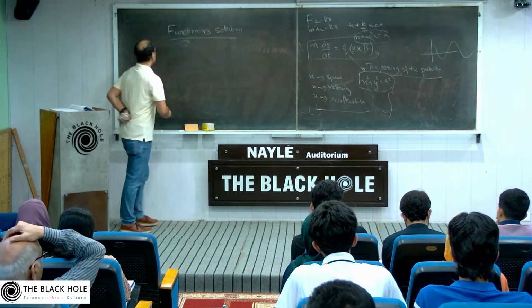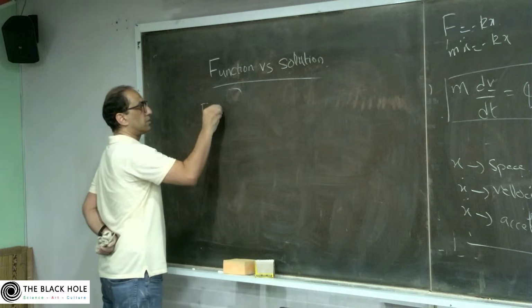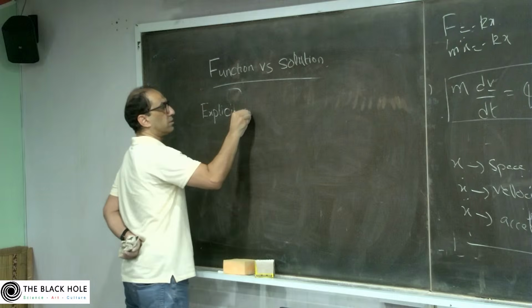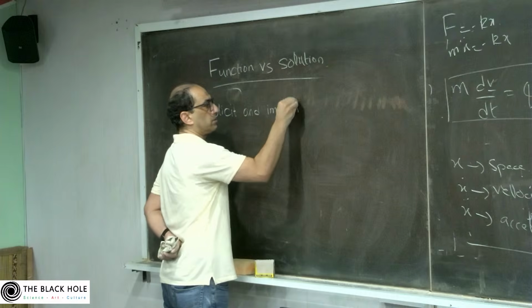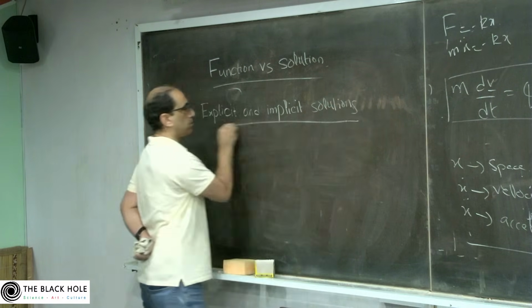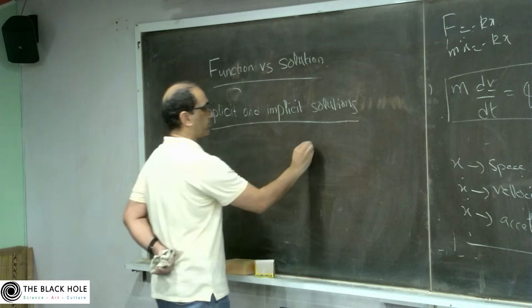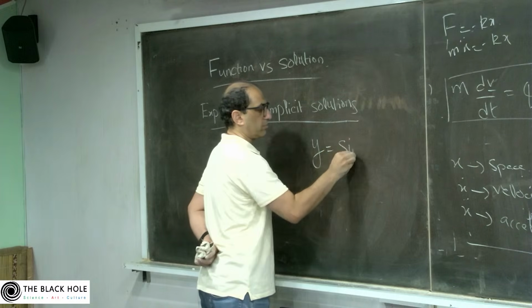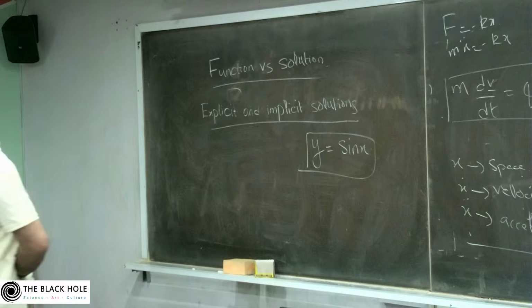explicit and implicit solutions. So let's say I write down this. What do you think this is?